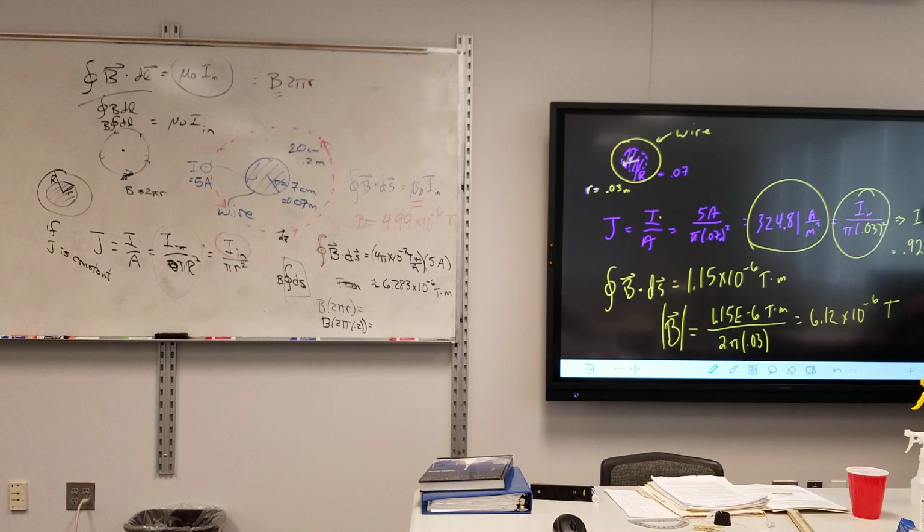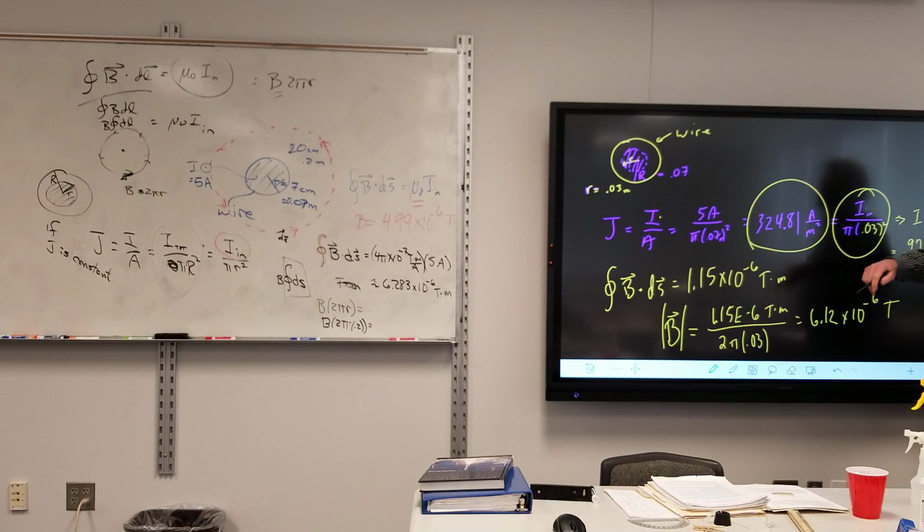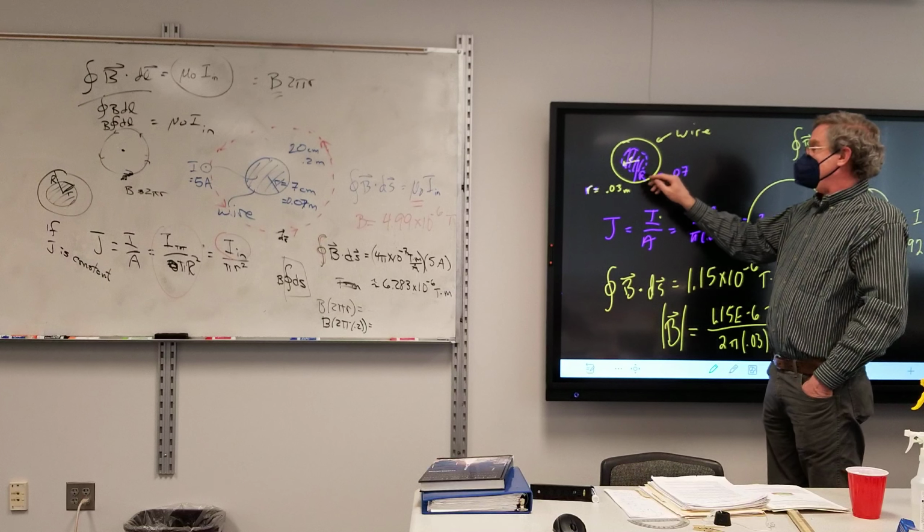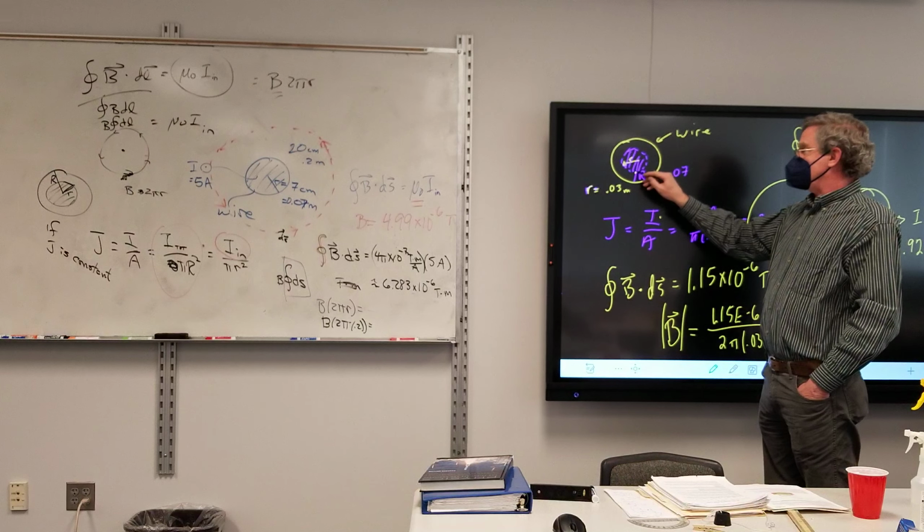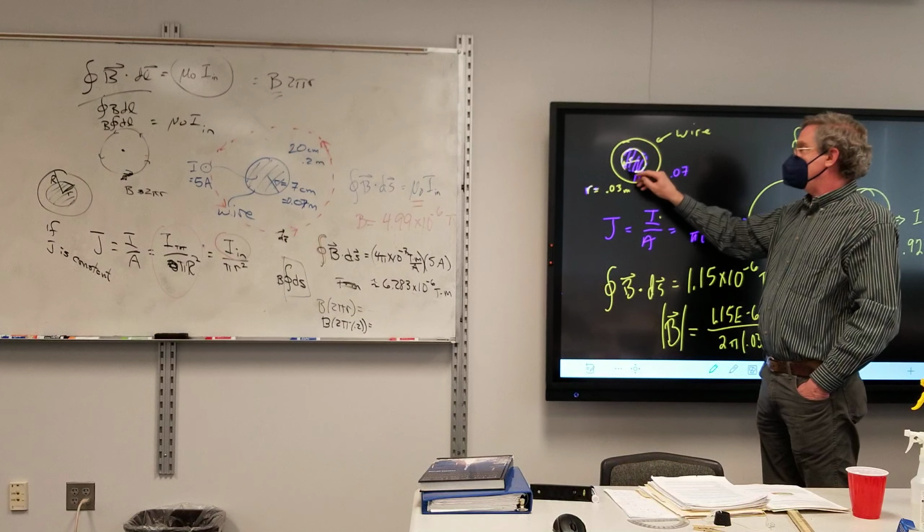Okay, how do we get from the integral being equal to 1.15 times 10 to the negative 6 down to the magnitude of B being equal to that? All right, so the integral of B dot ds, first off, it's a dot product. So it cares about how much is parallel to the other. I'm doing a line integral starting at some spot here and working my way around.